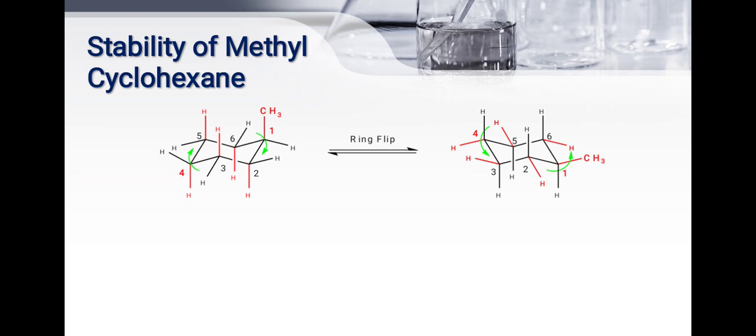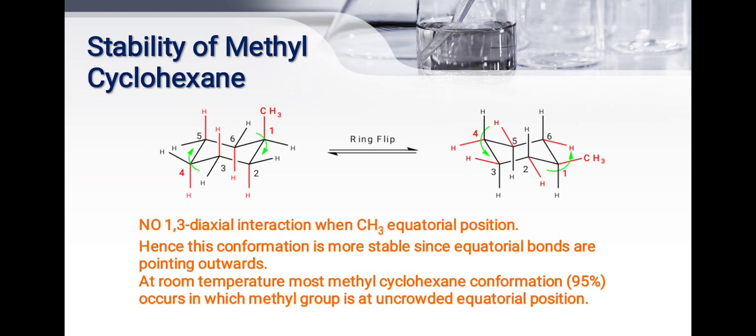See here, when the ring gets flipped, the methyl group of first position goes to the position of second carbon atom. Now here no 1,3 diaxial interaction when CH3 is equatorial.